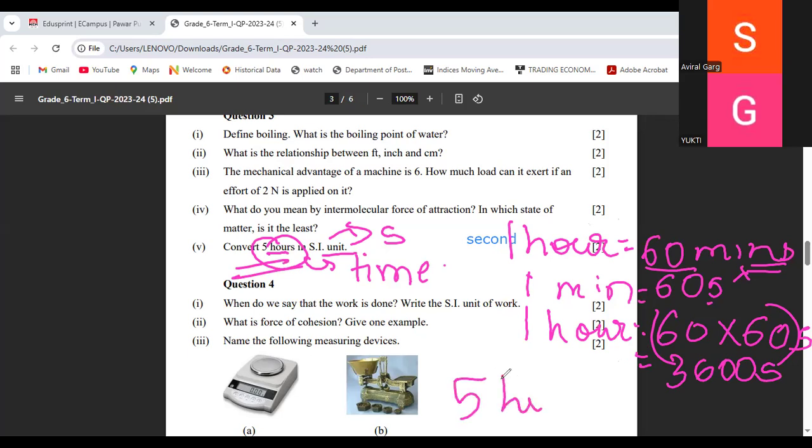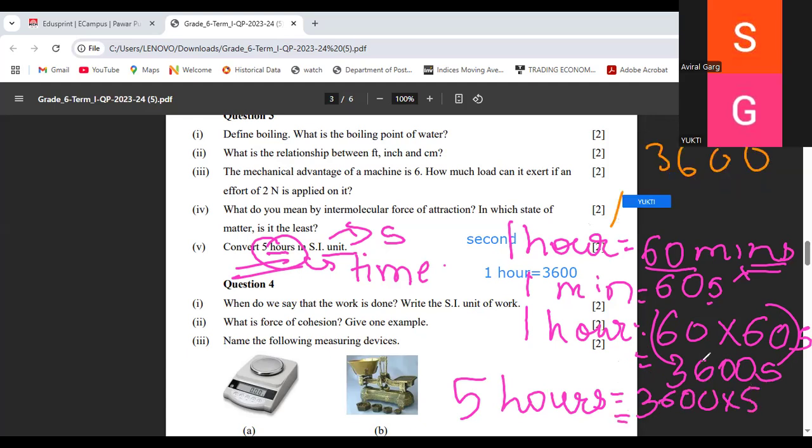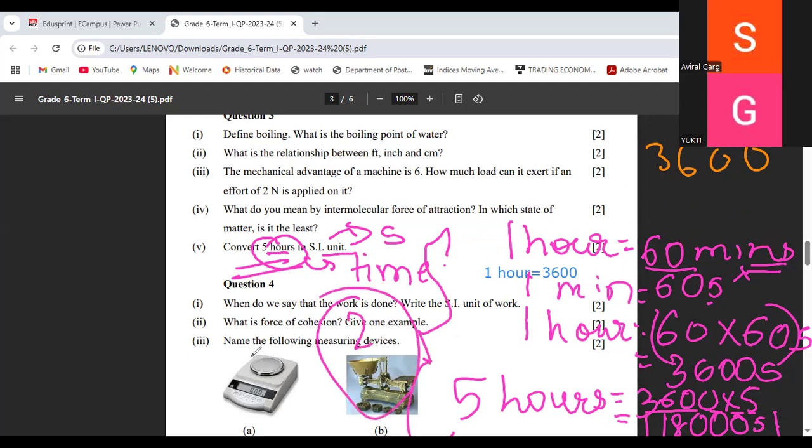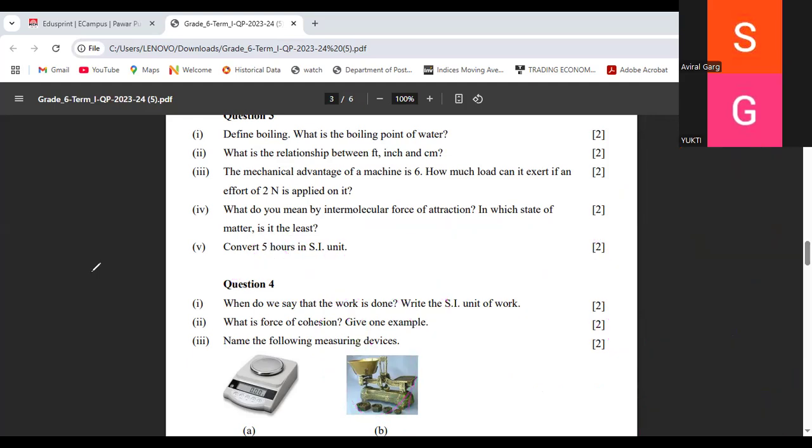So 5 hours is equal to 3600 into 5, which is 36 into 5 is 18,000 seconds. If you don't write the unit, you get a big zero in this question. Okay. So for this whole thing, you get 2 marks. Clear? Next question.